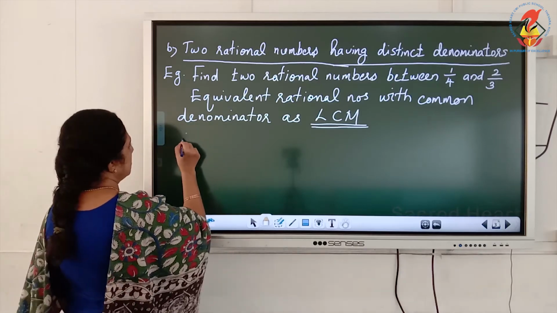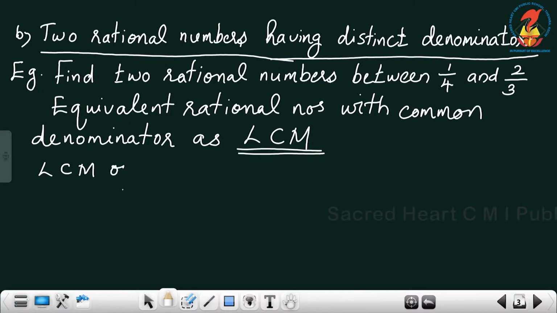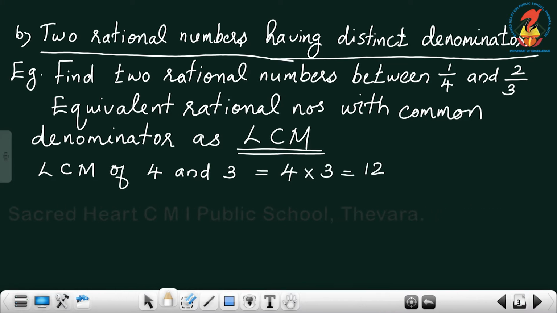So, first step, you have to find the LCM of 4 and 3. What is the LCM of 4 and 3? 4 into 3 equals 12.